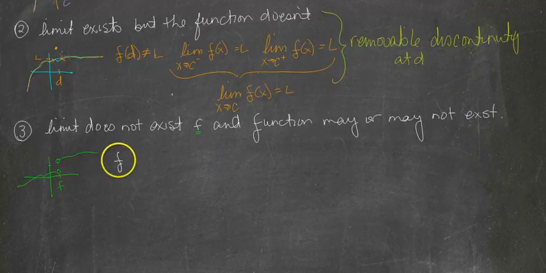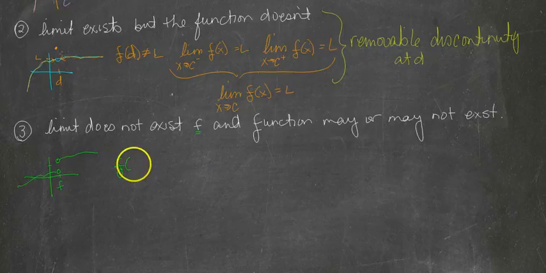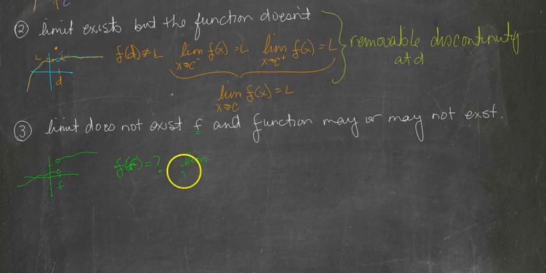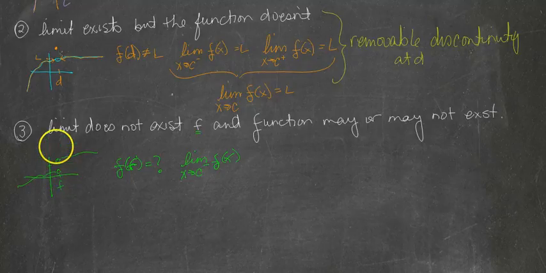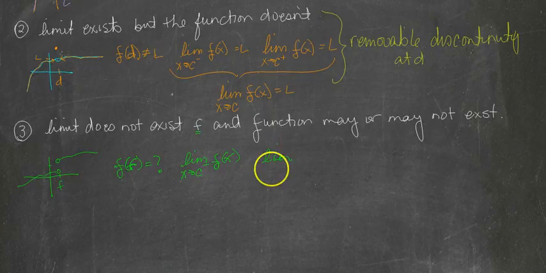So the function at F may or may not exist, right? It may or may not exist. But it's definitely not equal to the limit as x approaches c from the left of f of x, in the case I've drawn here where I have no f value, or the limit as x approaches c from the right of f of x.